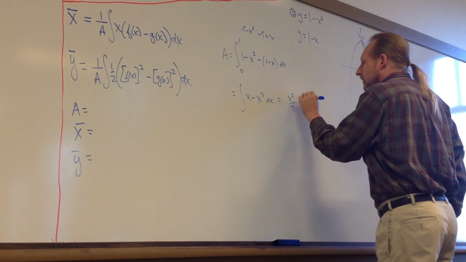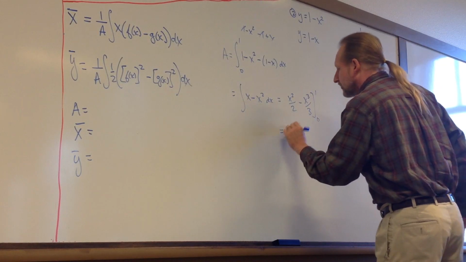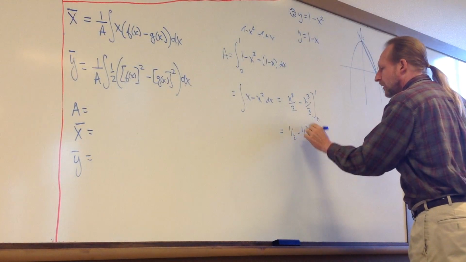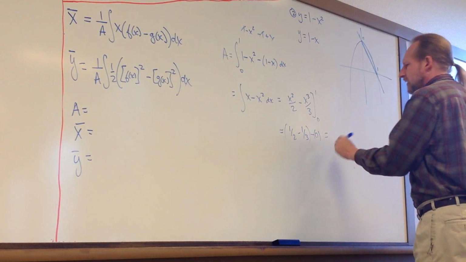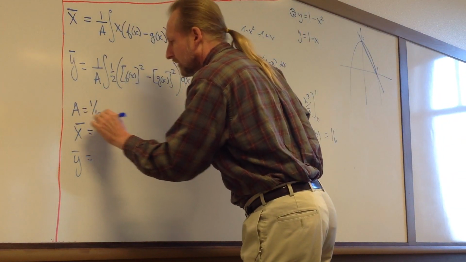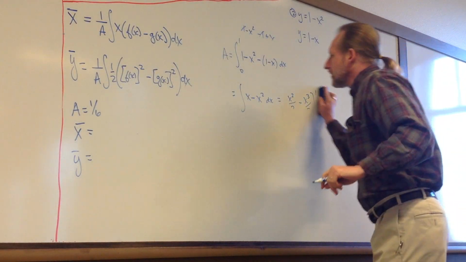So that's x squared over 2 minus x cubed over 3 from 0 to 1. So a half minus a third, and then minus 0. And so this is 3/6 minus 2/6, and so our area is 1/6. Okay, so that was pretty straightforward.